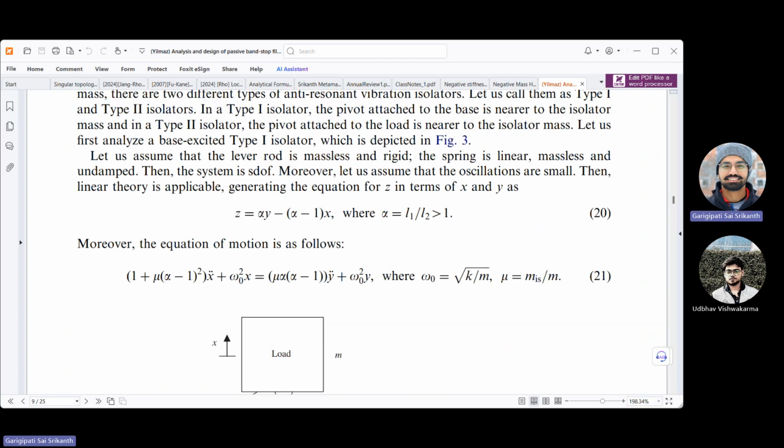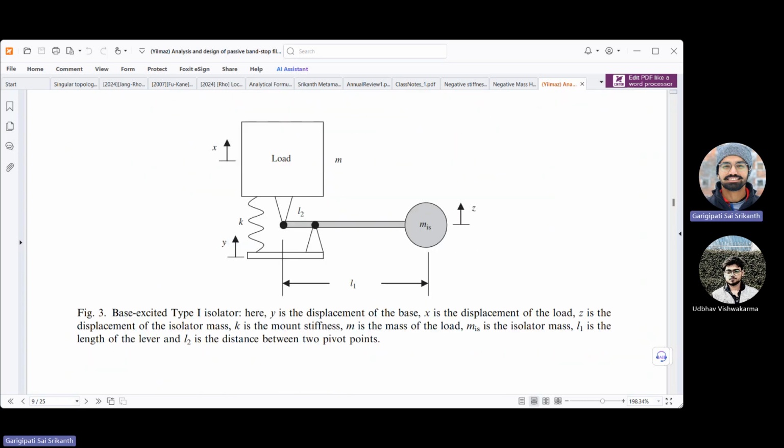How do you do that? Maybe you increase alpha here. What is alpha? It is L1 by L2. What is L1? This by this. So basically if you make the seesaw end of the isolator mass longer, because of lever arm action you have increased Z. And although X moves by a little, Z is moving violently at the same frequency, but a lot.